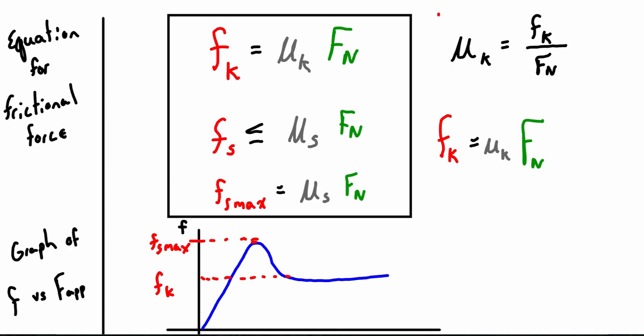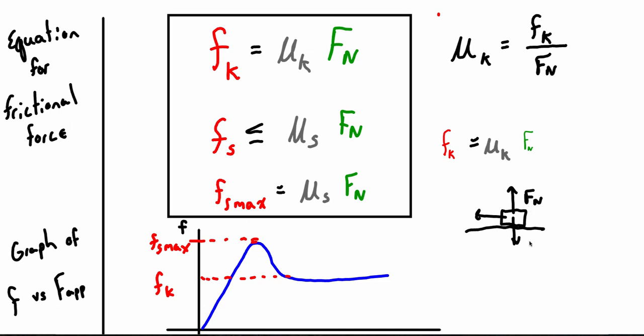And the same thing would happen on the opposite. If I lower my normal force, then I'm going to lower my frictional force. So this says if you have, let's say, a brick on concrete, I'm going to have a frictional force that is related to the normal force.